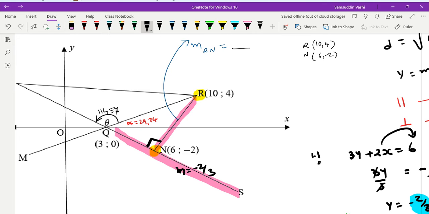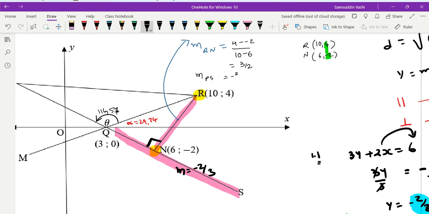So y2 minus y1, straight line, 4 minus minus 2, so it's 4 minus minus 2, divided by 10 minus 6. So numerator is 6, denominator is 4. 6 over 4, 3 over 2.